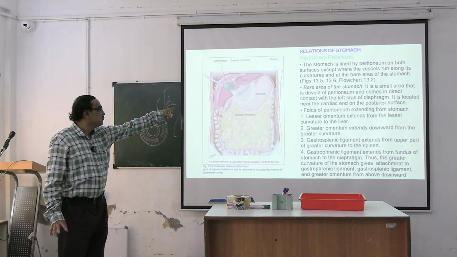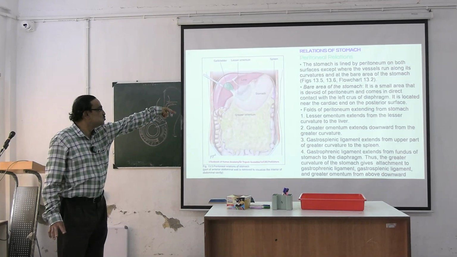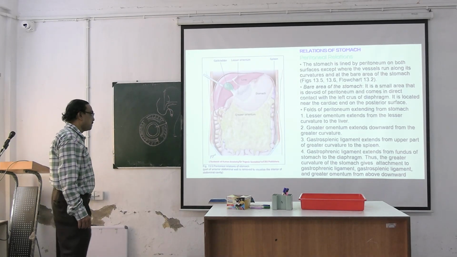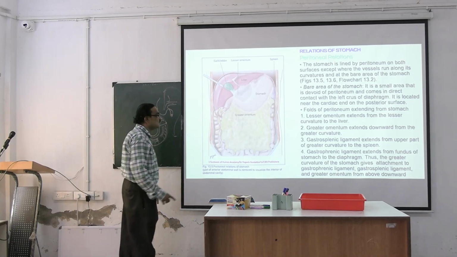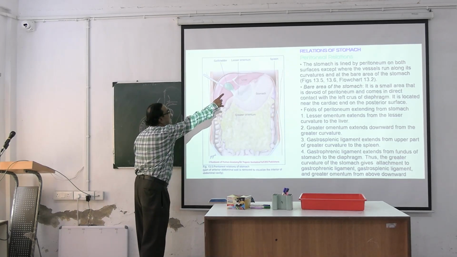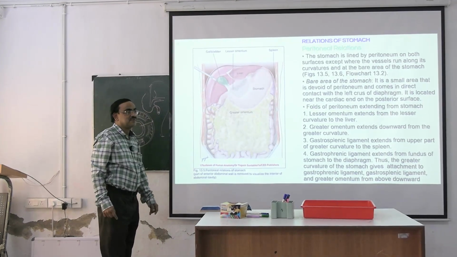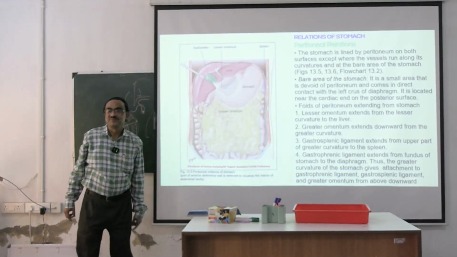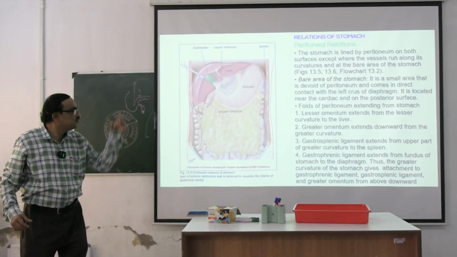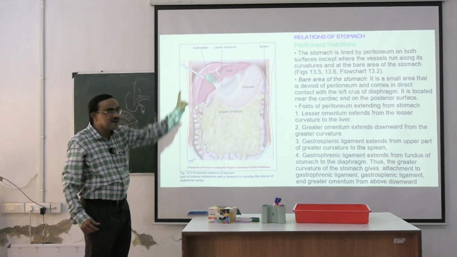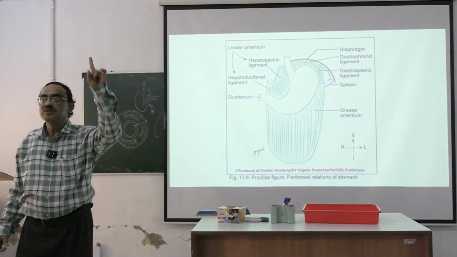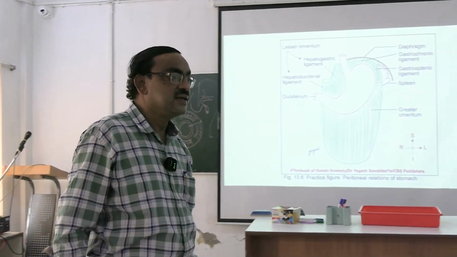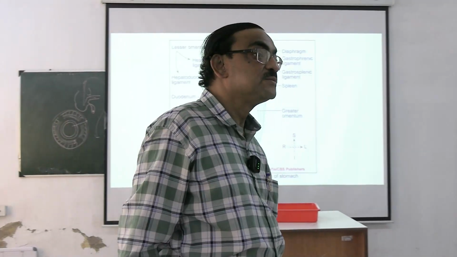Now, before that, we can see not only these 2 peritoneal folds, there are also 2 other peritoneal folds, from the fundus to the diaphragm and from the fundus to the spleen. One fold goes towards the diaphragm and one fold of peritoneum goes from the fundal area to the spleen.